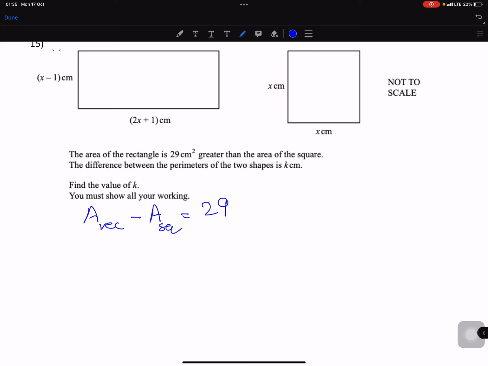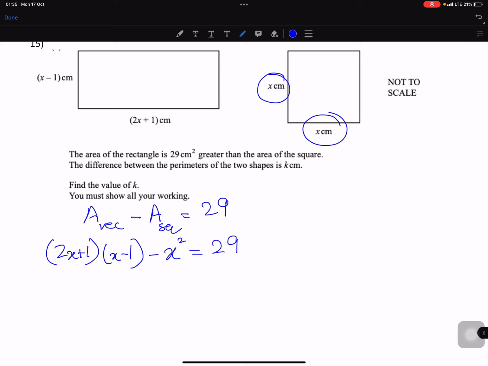Area of the rectangle is 2x plus 1 times x minus 1, minus x squared, which is the area of the square, equals 29. 2x squared minus 2x plus x minus 1 minus x squared equals 29.